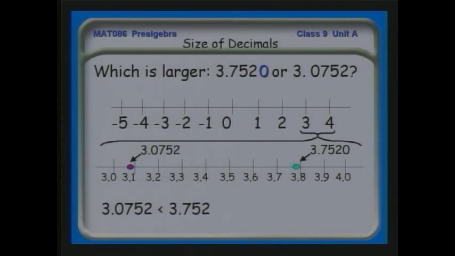But we see that the 3.0752 lies to the left on the number line, therefore it's less. Or we could say equivalently, because it lies to the right, 3.752, and if I wanted to, I could say that 3.7520 again is greater than 3.0752.